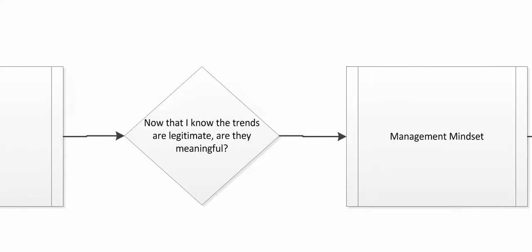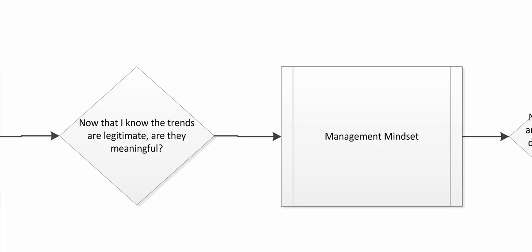But let's say that we do determine that the data is legitimate, and therefore the trends we're looking at are legitimate. Now that I know the trends are legitimate, are they meaningful? And that comes down to a management mindset. You can have legitimate data, and it can be showing you trends, but those trends may not be actionable, or if they are actionable, they're not worth it for some reason.